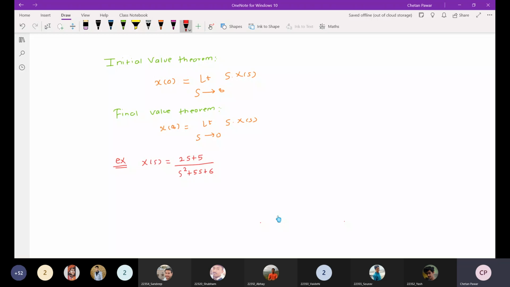So how to calculate the initial value in the time domain? That will be limit s tends to infinity of s into X(s).